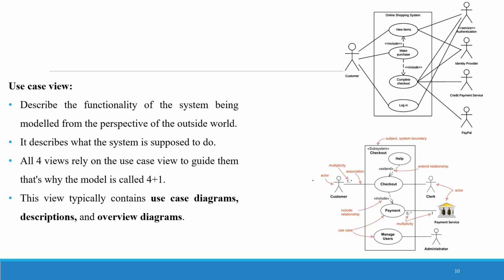The other, and the basic, view is the use case view. The use case view, as we said, describes the functionality of the software. So this is the fundamental view for the other four views. If we understand the functionality of the software, you can easily understand the rest of the views. You can understand the logical part of the system easily.